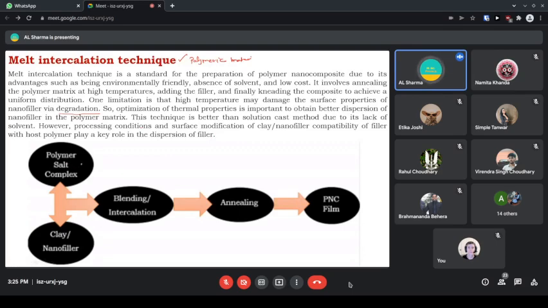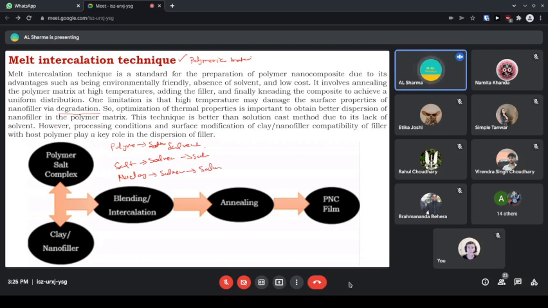In this case, whatever preparation you are doing, earlier you put the polymer in solvent to make a solution. The salt you put in the solvent and make a solution, and the nano clay also you put into the solvent and make a solution.